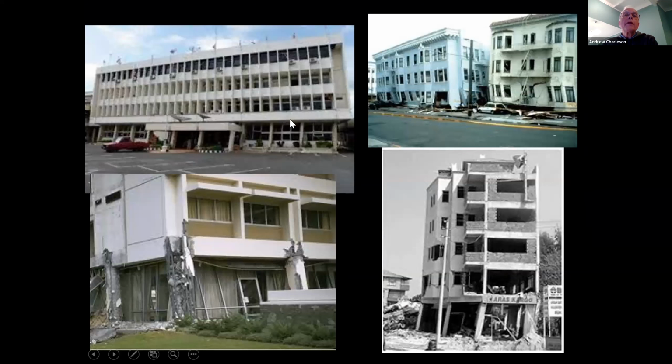And here are other buildings. In each case, the ground story is soft, and that is where the damage has been concentrated. This building has collapsed and it's crushed the cars parking underneath it. So soft stories are very dangerous.